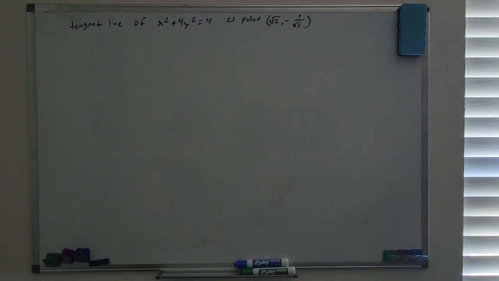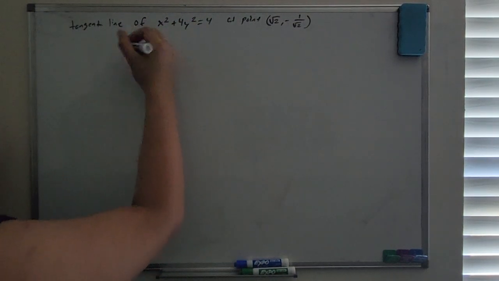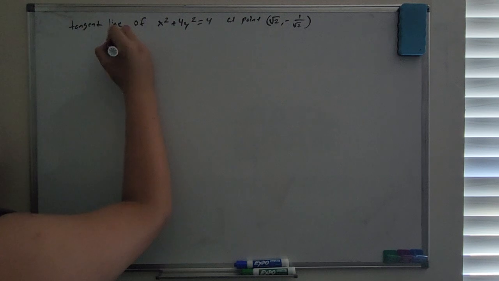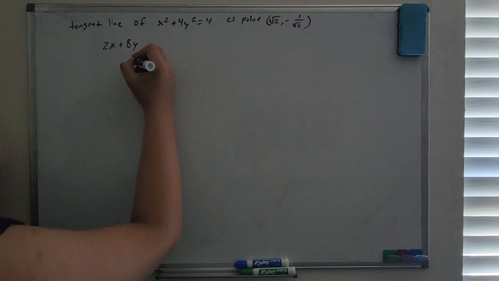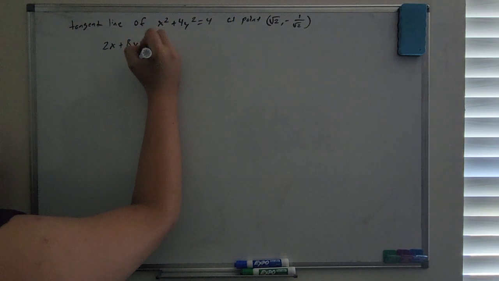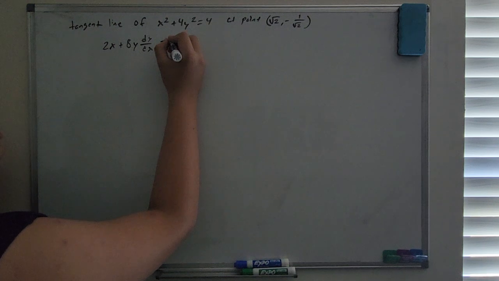So what we can do first is obviously differentiate using implicit differentiation to find the derivative of that. So that would be 2x plus 8y dy/dx, because we're differentiating y, and a constant would just be 0.